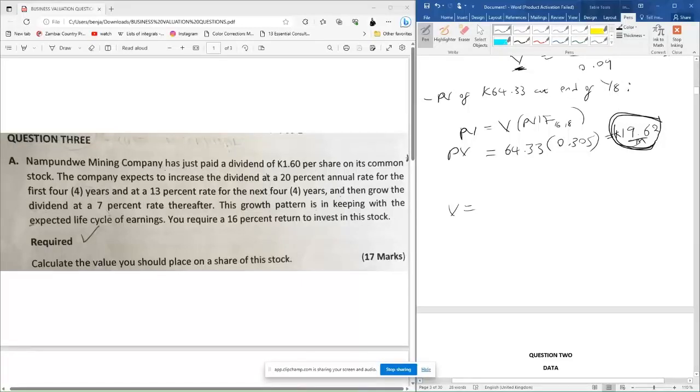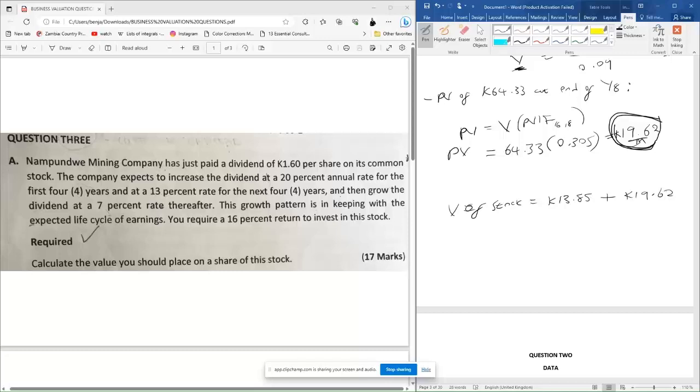So value of stock is equal to 13 kwacha 85 ngwe. This is the present value of the dividends, plus 19 kwacha 62 ngwe, which is the present value of our common stock, which was discounted from 8 years down to period 0.